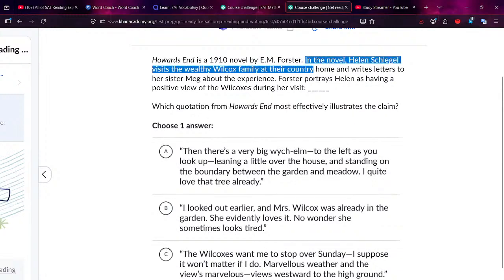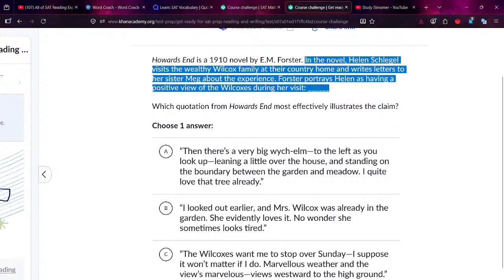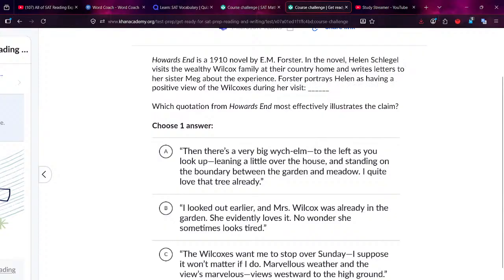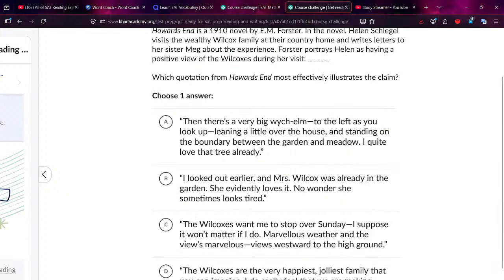So in the novel, she visits the country home and writes letters about the experience. Portrays Helen as having a positive view during a visit. So what quotation illustrates that Helen had a positive view?